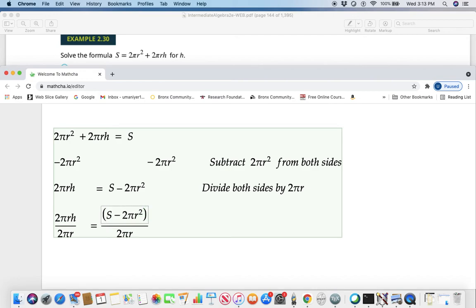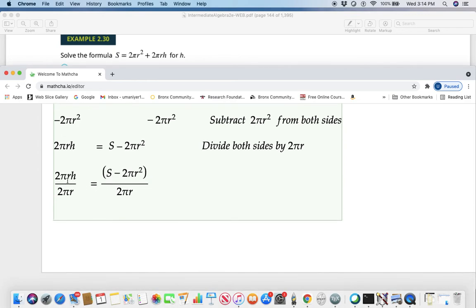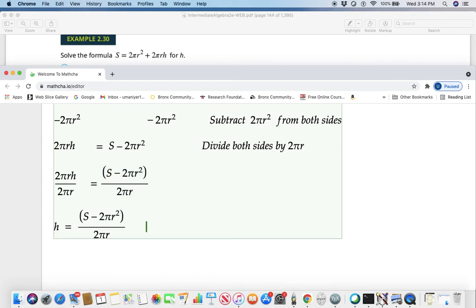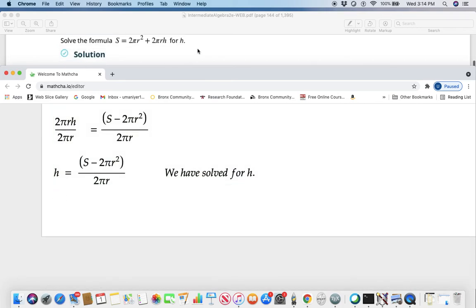We are not just dividing part of the expression, we have to divide by the entire side. So this thing is one item, and I placed it in parentheses. So 2 pi r cancels 2 pi r. h equals this expression. That's it. We have solved for h.